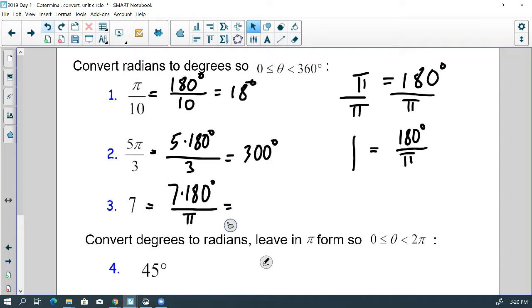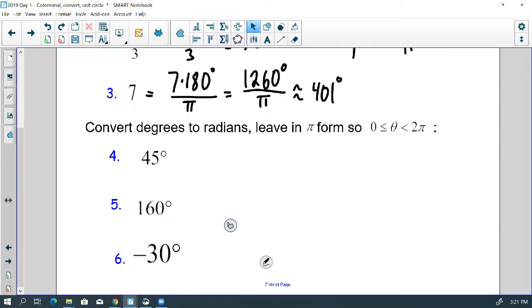And I need my calculator for this one. 7 times 180 is, was that 1260? Let's double check. Oh yeah, 1260 degrees over pi, which is about 401 degrees.